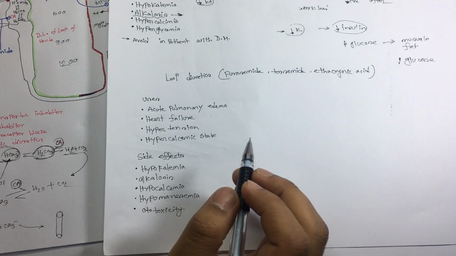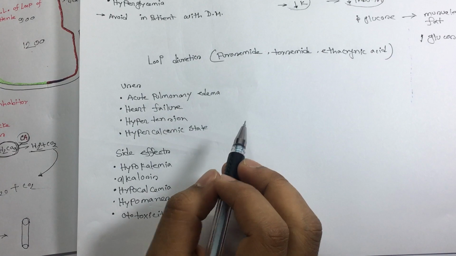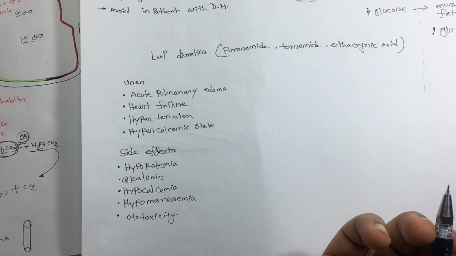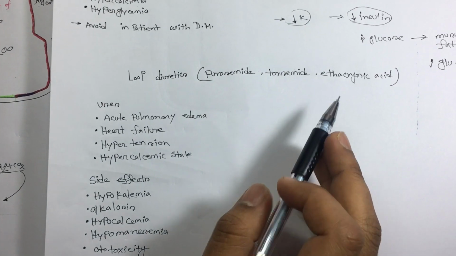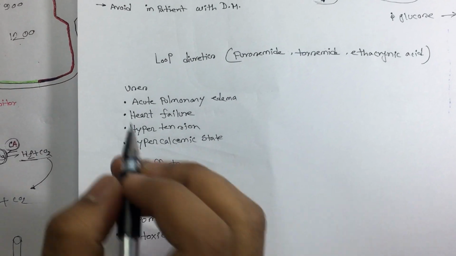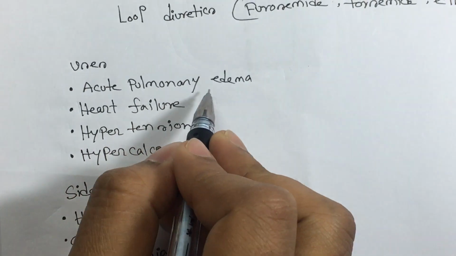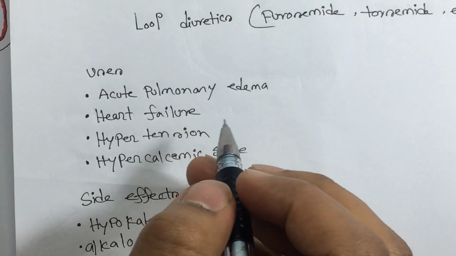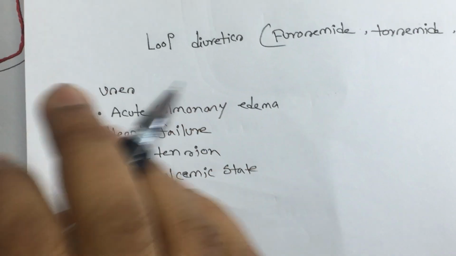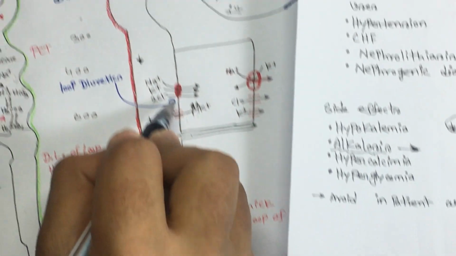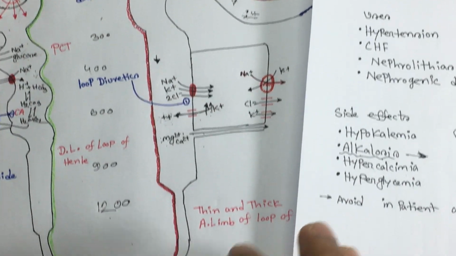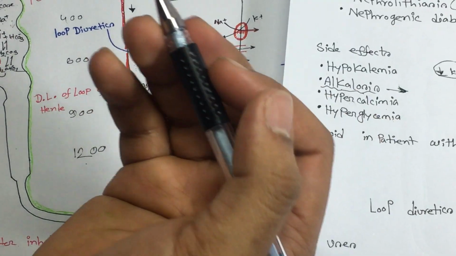Okay, actions of the loop diuretics. Loop diuretics include furosemide, torsemide and ethacrynic acid. So, uses of the loop diuretics: acute pulmonary edema. If we use these loop diuretics, they will work on the thick ascending limb of the loop of Henle.